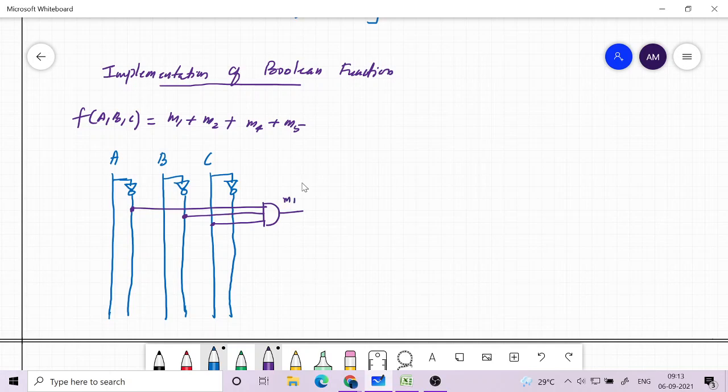Similarly, I can create m2 and m4. m2 corresponds to 0, 1, 0, so that is A bar, B, C bar. A bar is here, B is this, and C bar. So that is m2. Then m4 is A, B bar, C bar. So that is A here, B bar here, C bar.